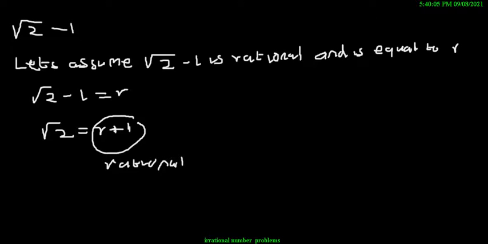But we know that this side is not rational. So if this side is not rational and this side is rational, these two cannot be equal. Hence this is a contradiction, and so it is irrational.